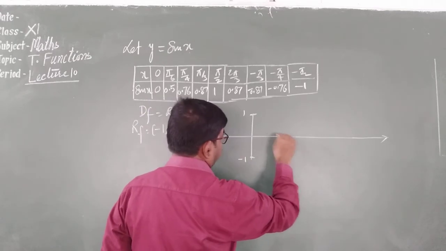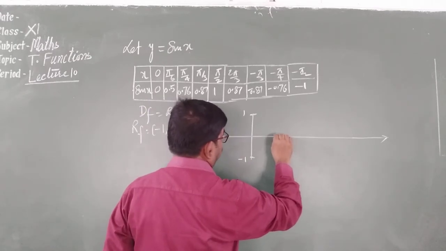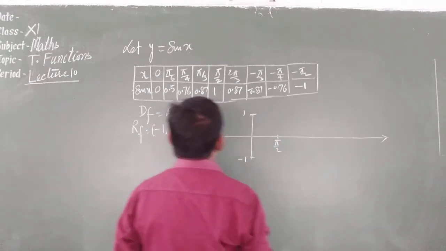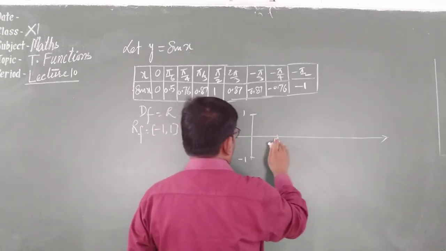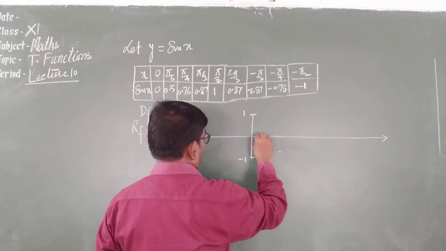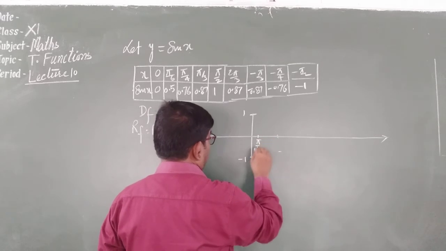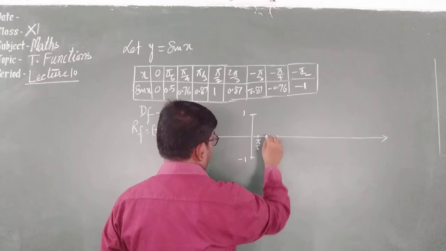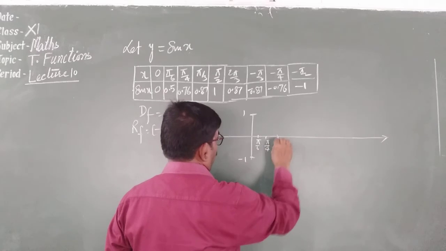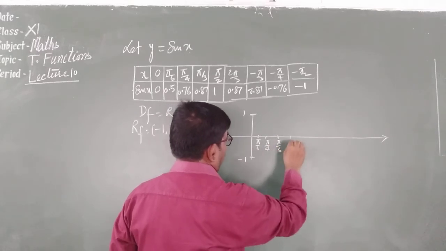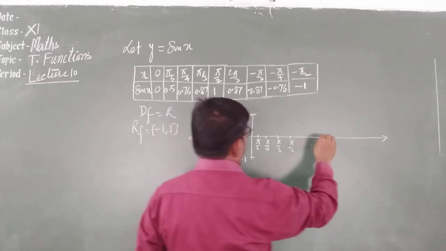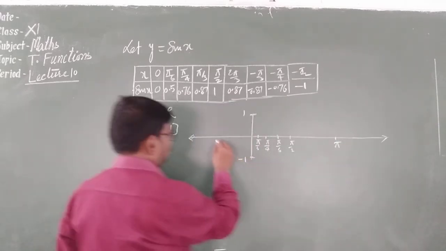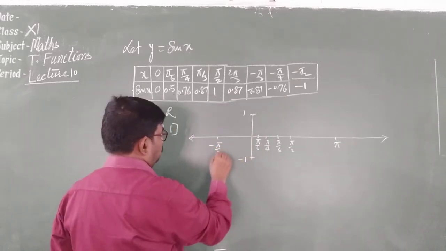Suppose this is pi by 2. Here we can start pi by 6, pi by 4, pi by 3, pi by 2, and finally we have suppose pi here. Here we have suppose minus pi by 2.